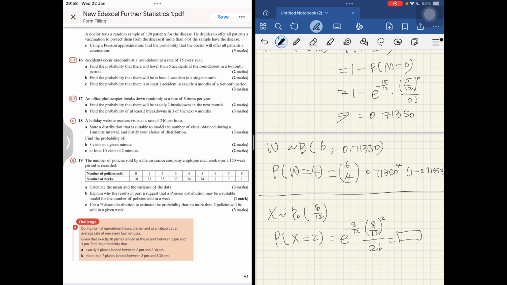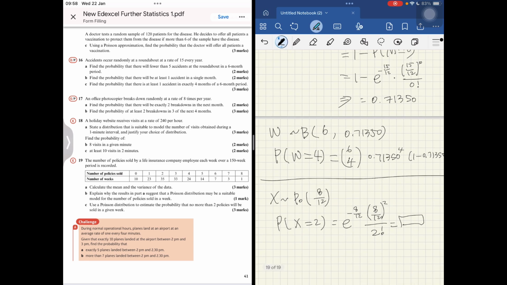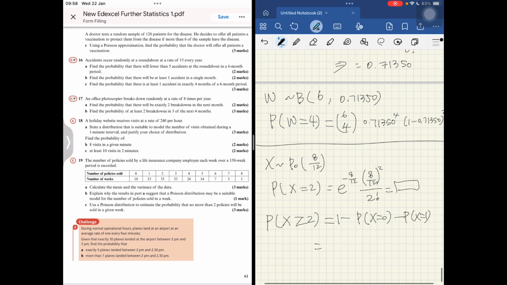Now find at least 2 breakdowns in 3 of the next 4 months. So n needs to be at least 2 breakdowns, and this is exactly 3 months. At least 2 means 1 minus probability X equals 0 and X equals 1.